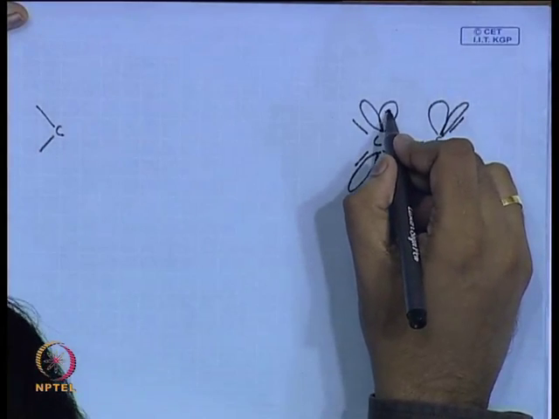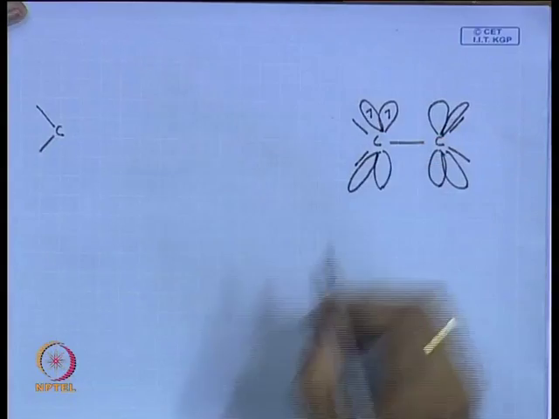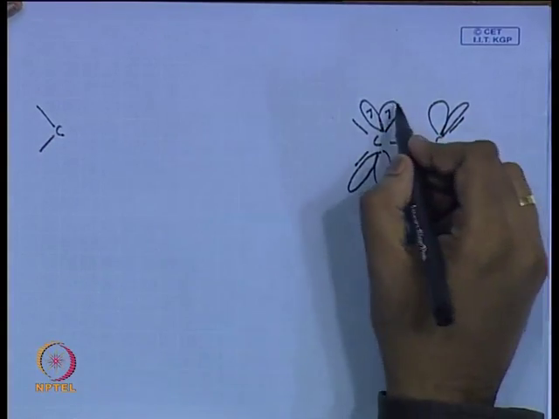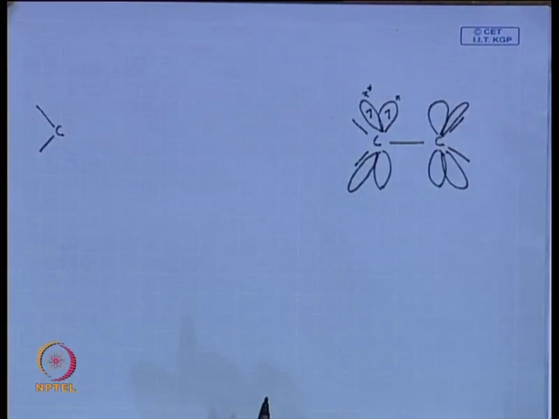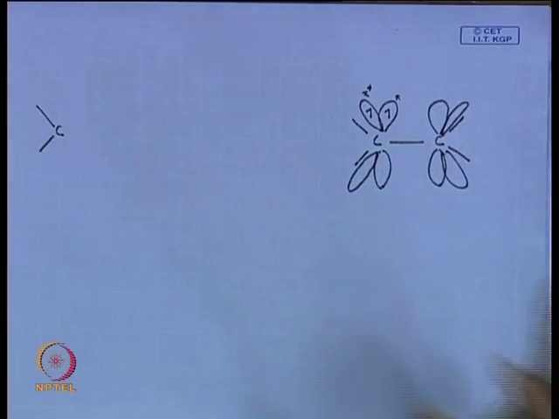So, I have an electron here, and I will have my electron like this. This will be my pi and this my pi star, right. So, what happens? You will get a very good repulsion. So, repulsion between your pi and pi star will be large.